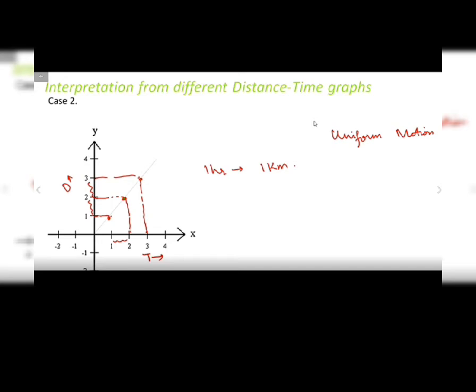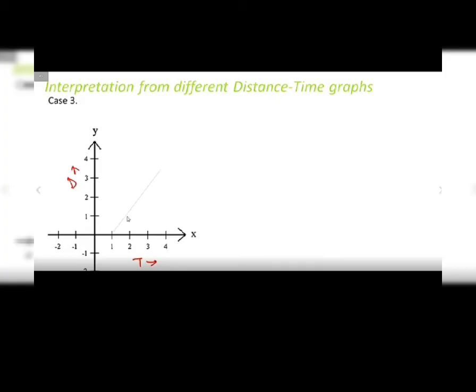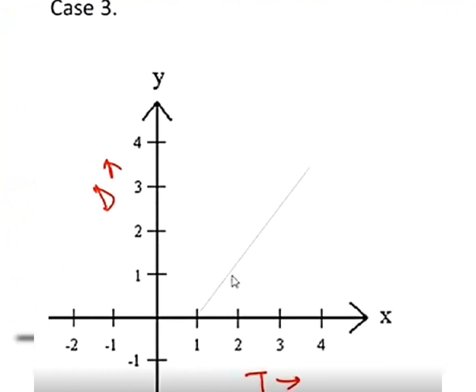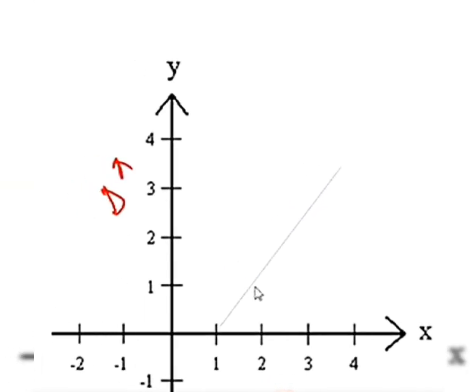Now let's look at the third scenario. Okay, in the third scenario we have a graph like this. Look at this graph. Here also the distance increases with increase in time. Here you can see time is 2 hours, distance is 1 kilometer.